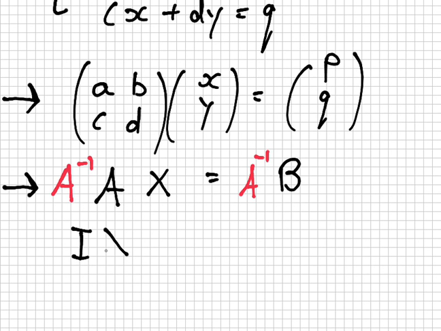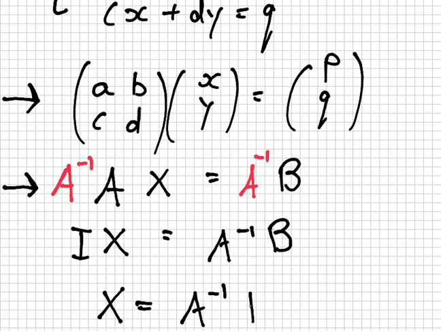So I get IX equals A inverse B. Now what's I multiply X? X. Yep. So that is my formula I need to use if I want to use the matrix method. I use this formula here.